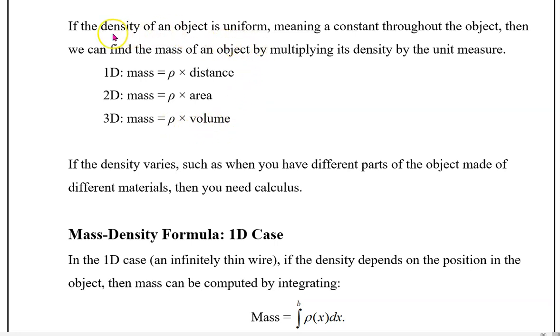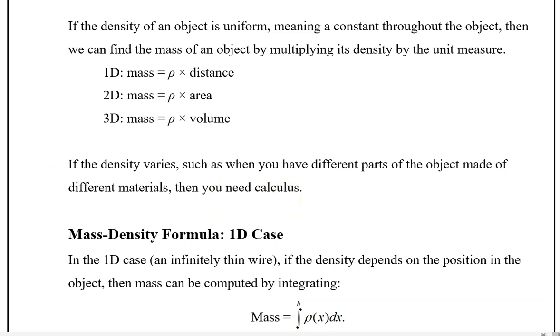This only works, of course, if the density of the object is uniform, by which we mean that it's constant throughout the object, that at every point in the object, the density remains the same. On the other hand, if the density varies, such as when you have different parts of the object made of different materials, then you're going to need calculus.